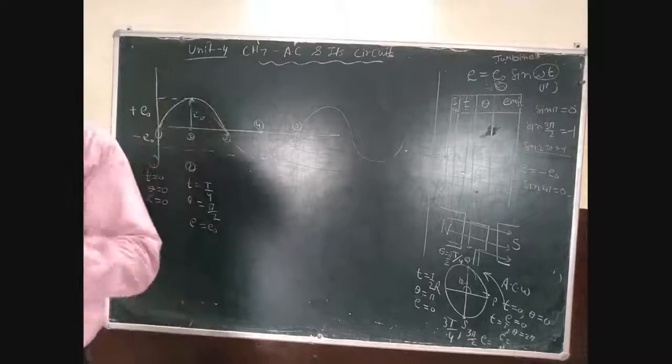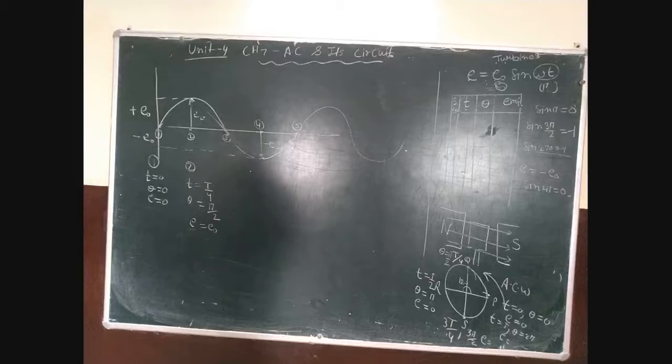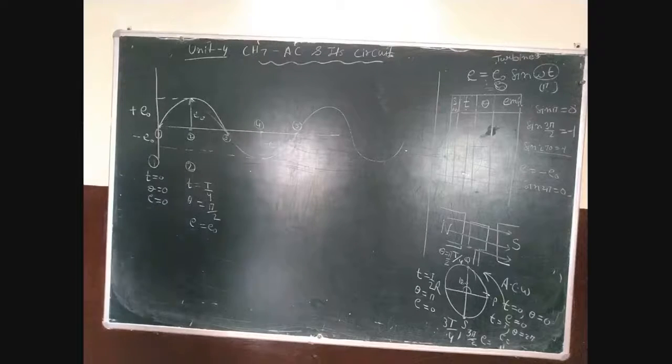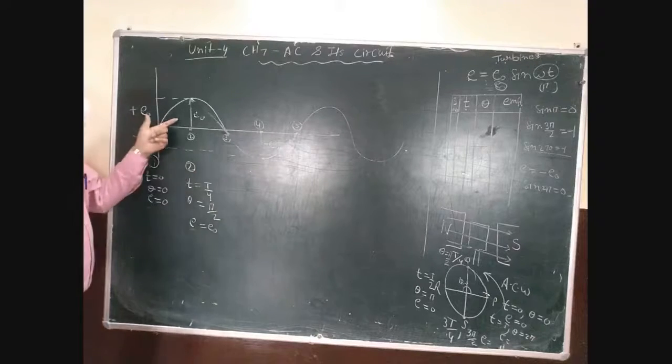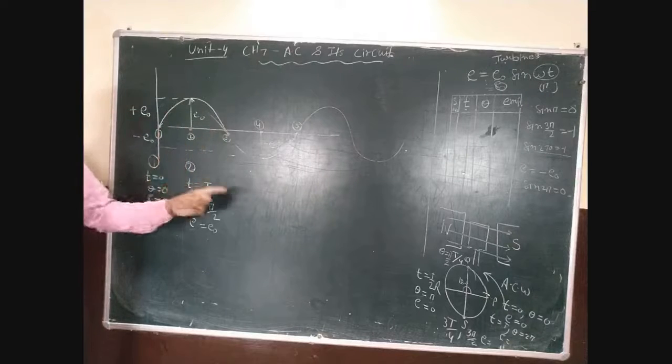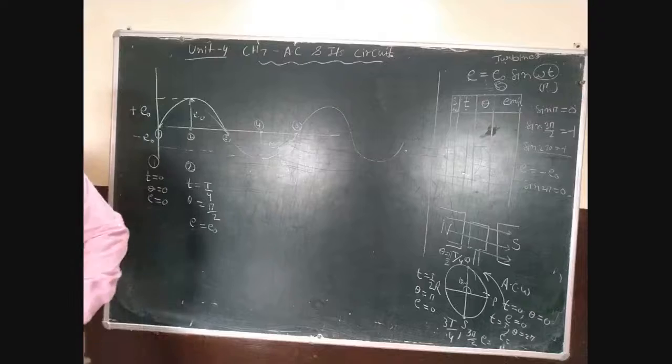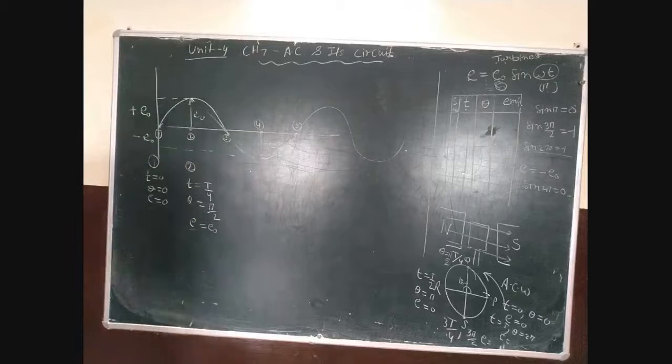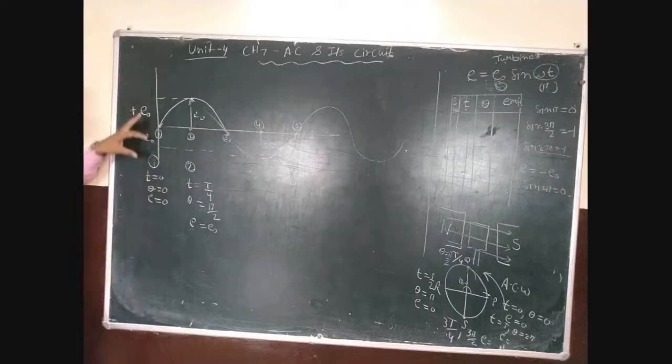So one time the induced EMF is positive and gets the maximum value E naught, and in the other half it gets the negative value. Okay, so the nature of this EMF is called alternating and also periodic EMF. Clear? Now we understood about the phase diagram for this.